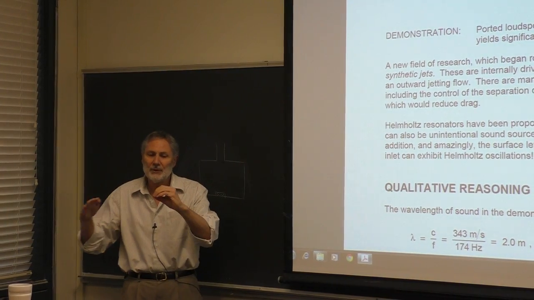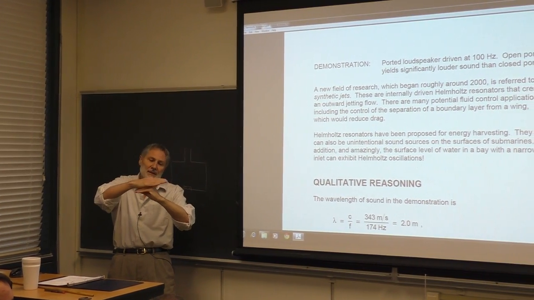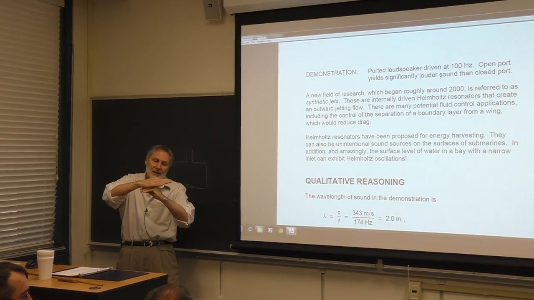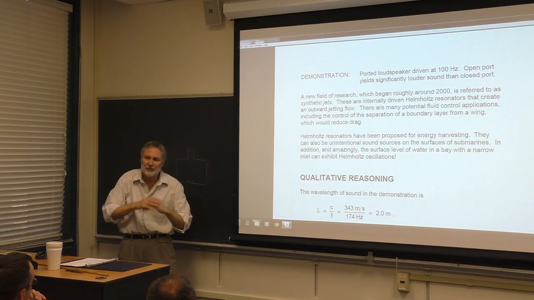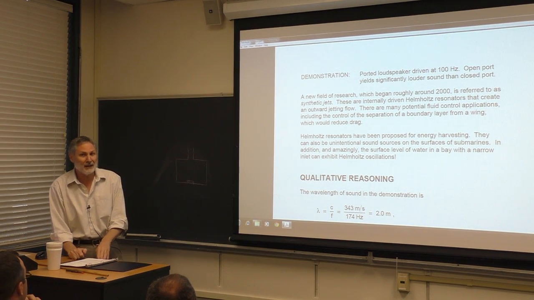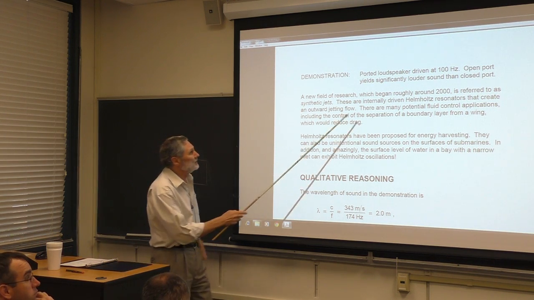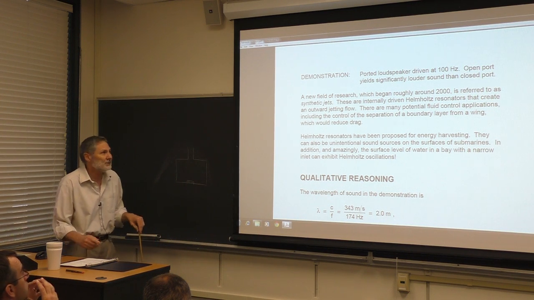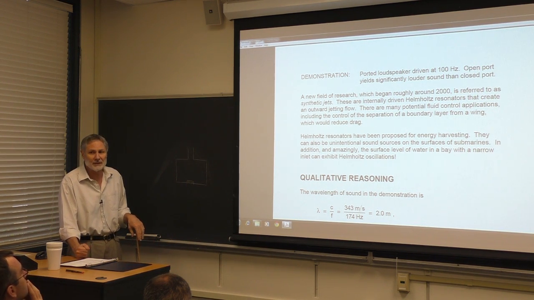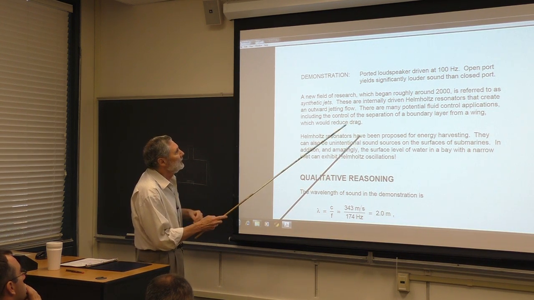For example, when air goes over a wing, it will typically separate there. If you can reduce what's called separation of the boundary layer, you can significantly reduce the drag on the aircraft. I don't know what the current status of this is, but there was this flurry of research. And it involves Helmholtz resonators. Helmholtz resonators just refuse to die, okay? They just come up a lot.